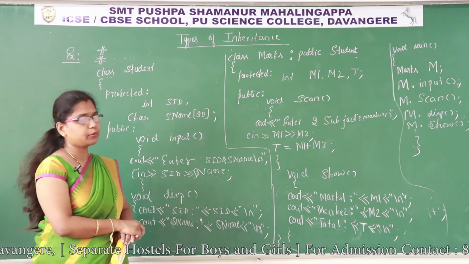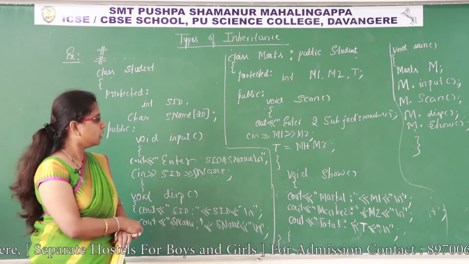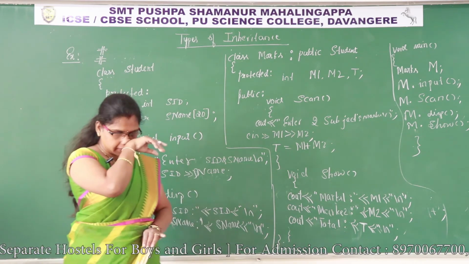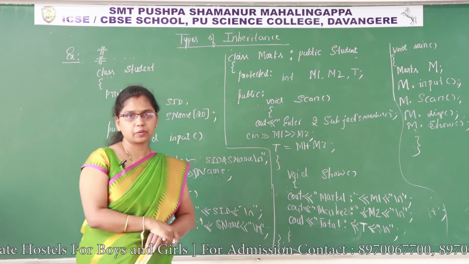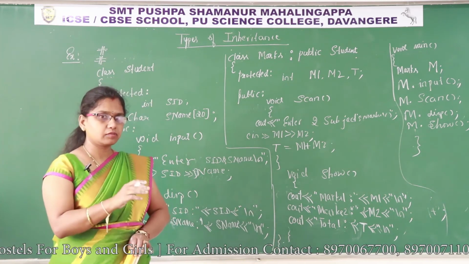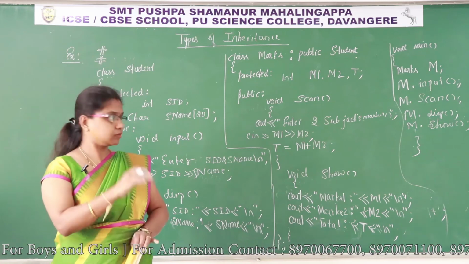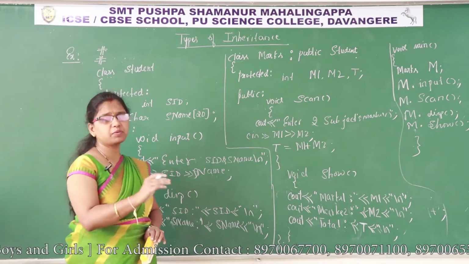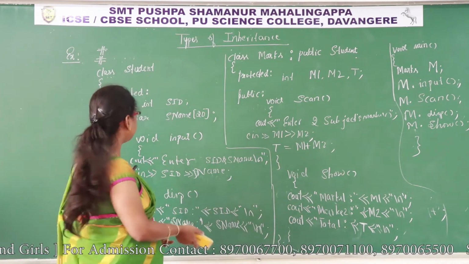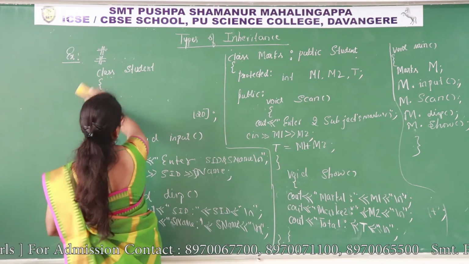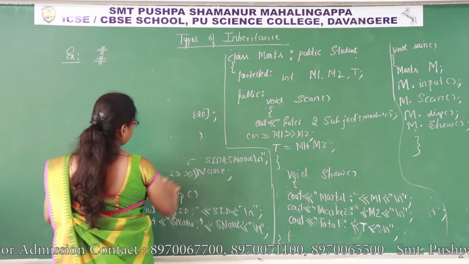So this is your lab program. The previous one that I had taken, you can write for the theory exam. Or from the exam point of view, I'll show another program. It is a very simple program. You can write that also. So these are the typical programs.